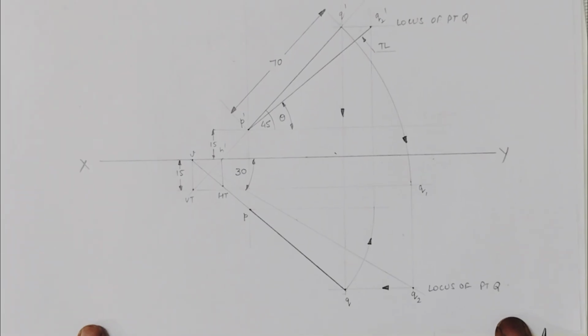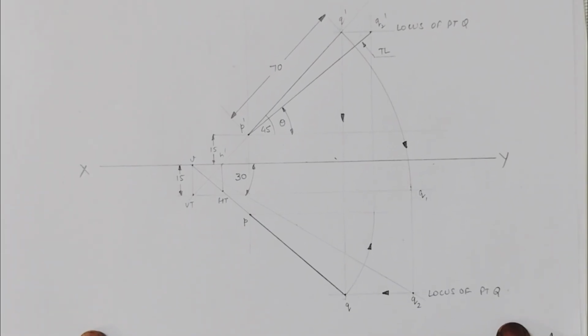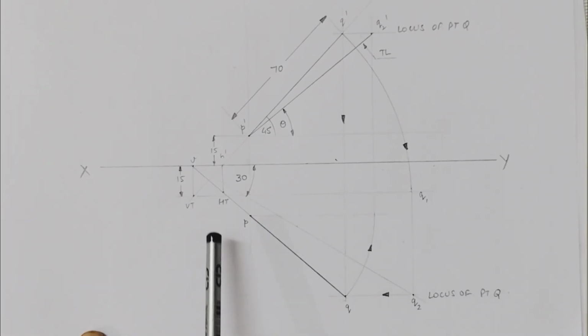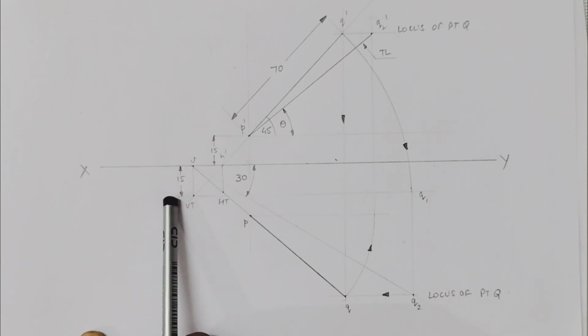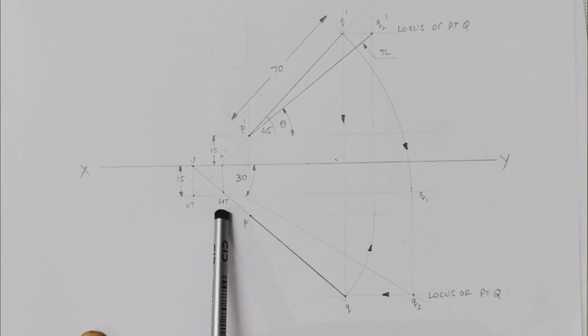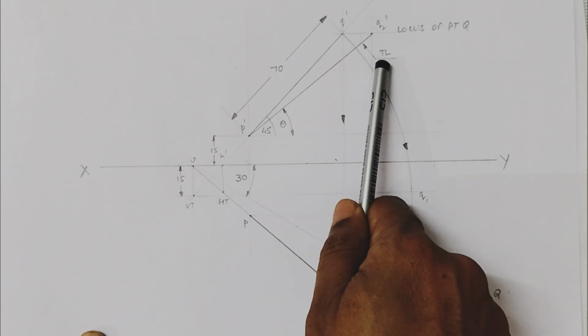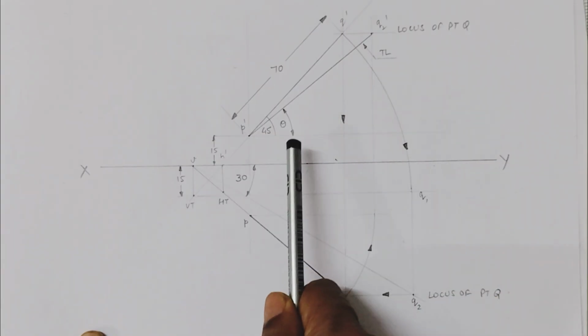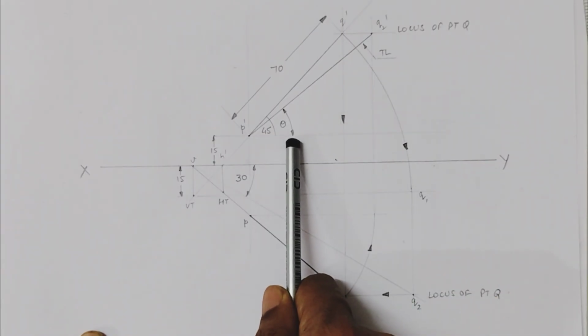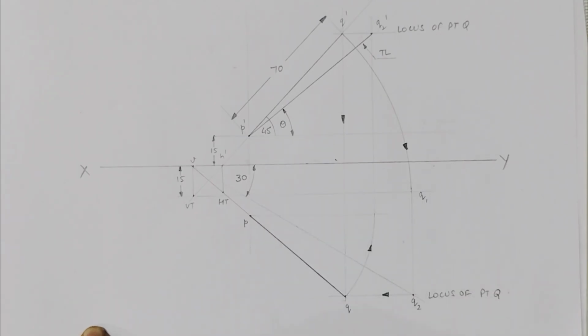So this is the solution of the given problem, in which the vertical trace is given. We have to find out the horizontal trace as well as the true length of the line. Also we have to find out the inclination of the line with the horizontal plane. So this is the solution. Thanks for watching.